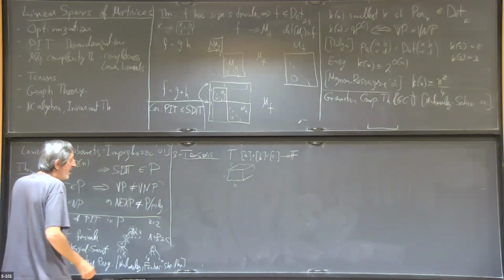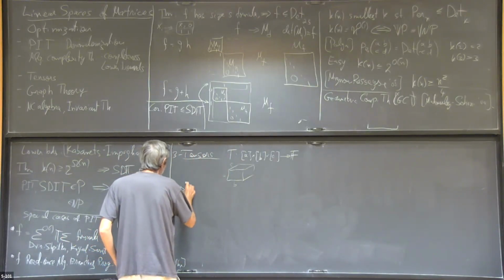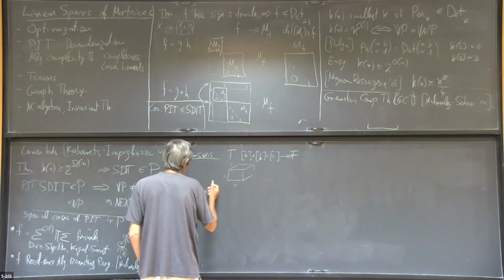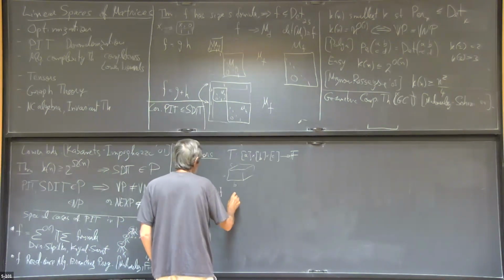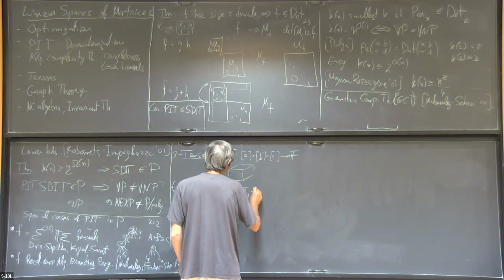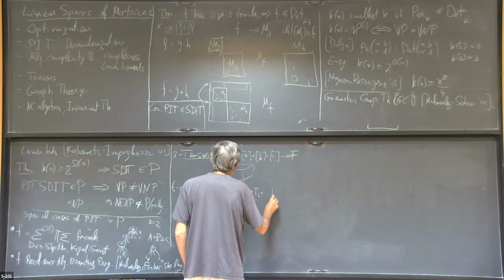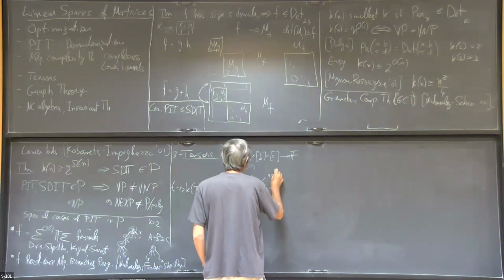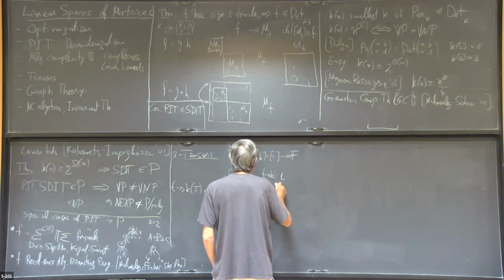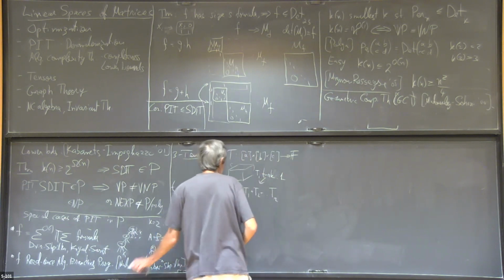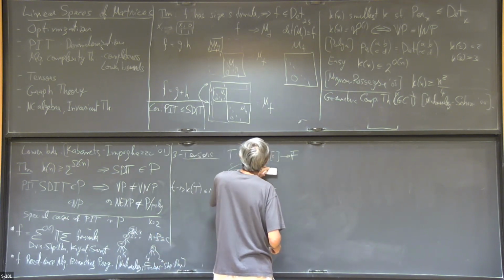That's a tensor, and the tensor rank of T is the smallest R such that T equals T1 plus T2 plus up to TR, and each one of them has tensor rank 1. So each one of the Ti, maybe I should have written it like this, same notation.